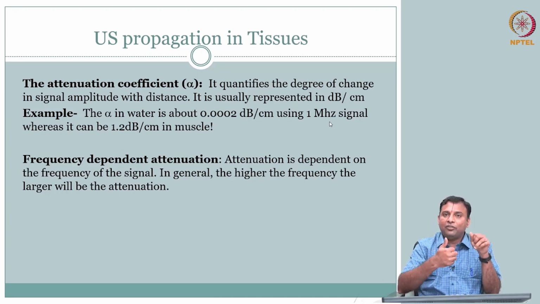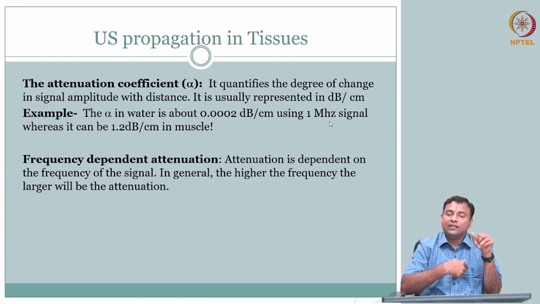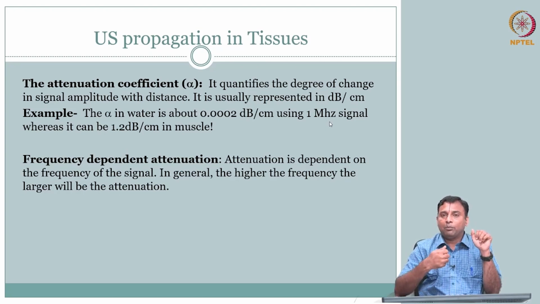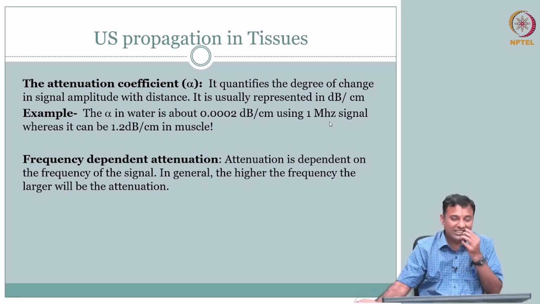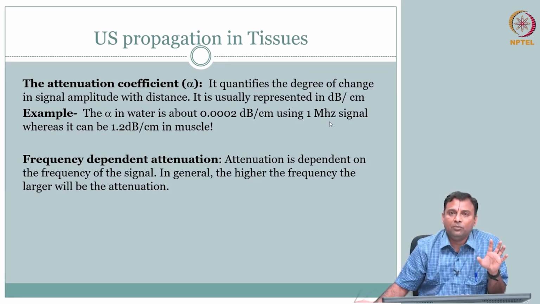But if I increase my frequency, the depth through which the signal will go is going to be reduced, or attenuation is going to come into the picture. So the signal that you can capture and measure is going to become less and less with depth. Okay, so this is an inherent trade-off in ultrasound that you will face. The higher the frequency, the lower is what we call the penetration depth.